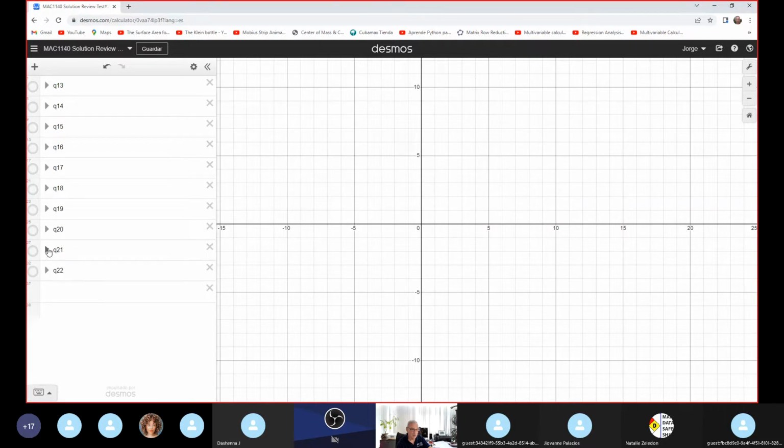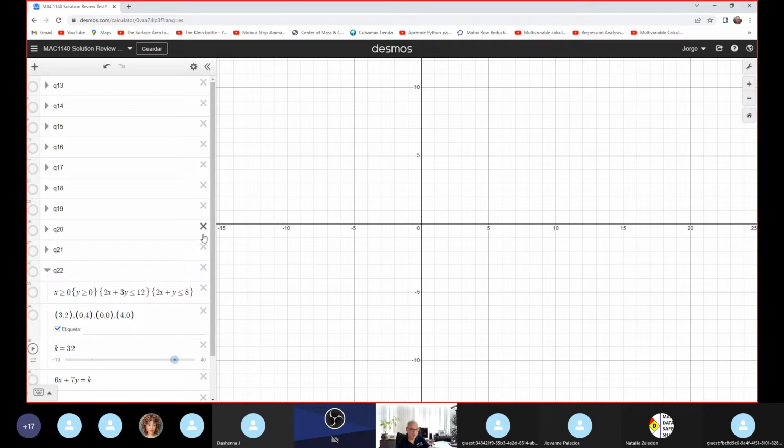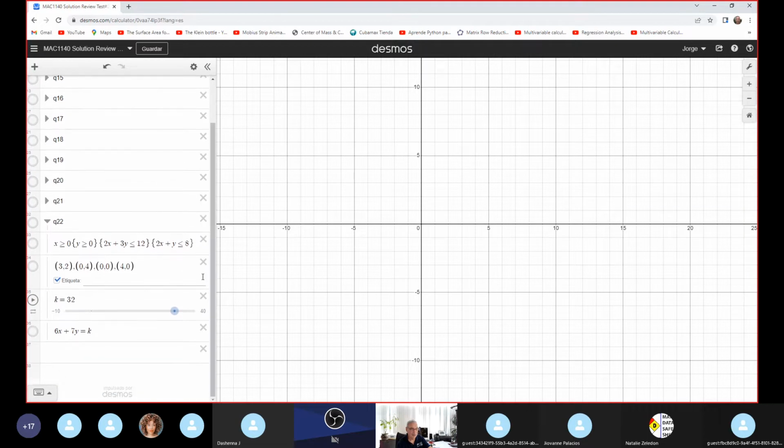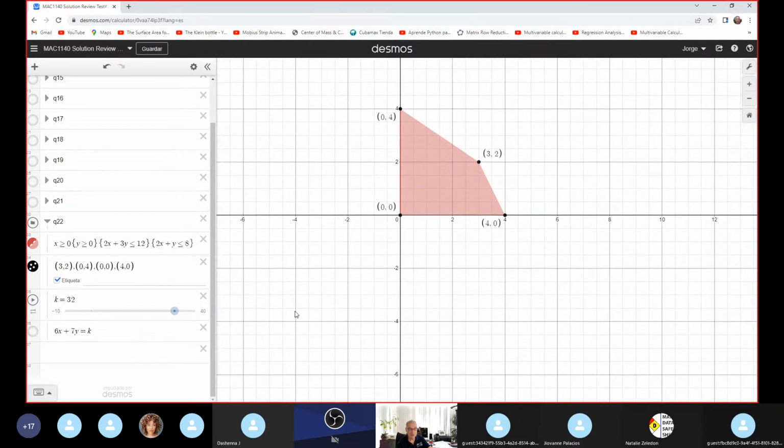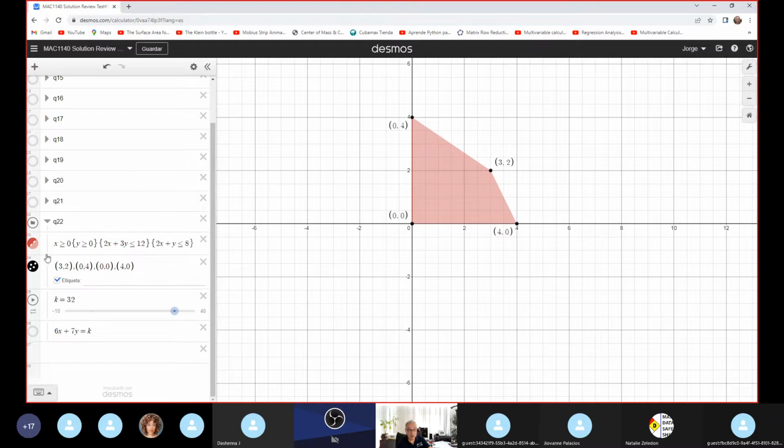In the 22nd we have several inequalities separated by curly brackets. Look at that. Let me delete that part for a moment. This is the feasible region. I select pink color, red color, I don't know.